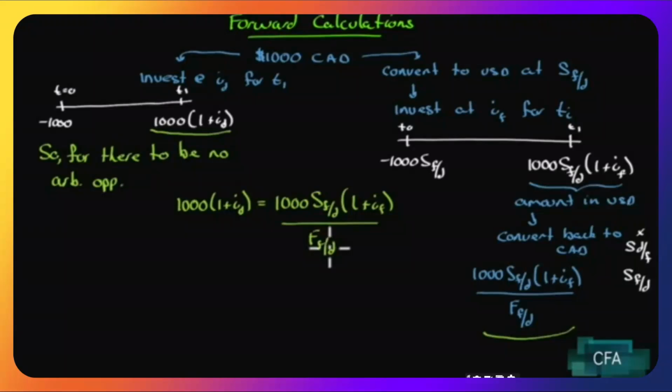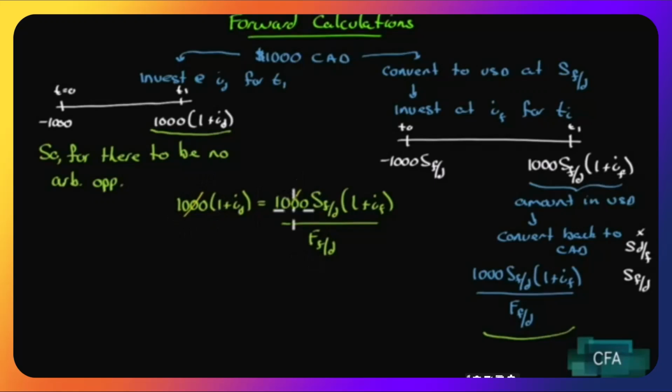If they're not equal, then there'll be a preference for one over the other. So if the forward rate is one in which these two sides are not equal, there is an opportunity to take one side or another, to go long on one side and go short the other side. And we're going to get to that very shortly here. So let's solve for this, and let's see if we can't figure out a formula for the forward rate.